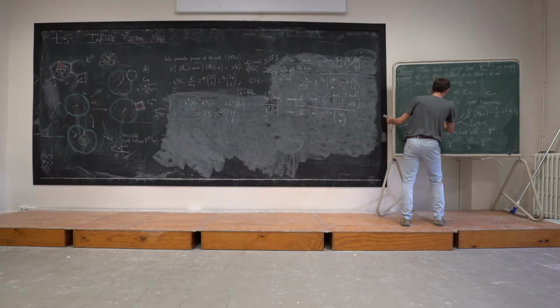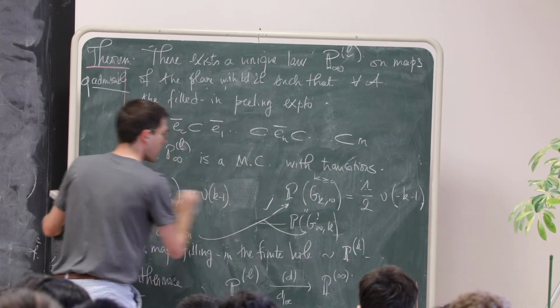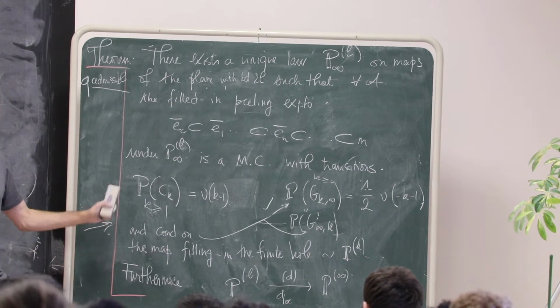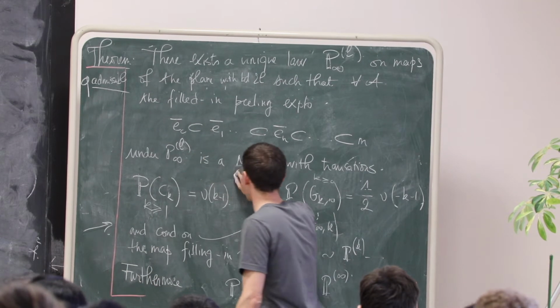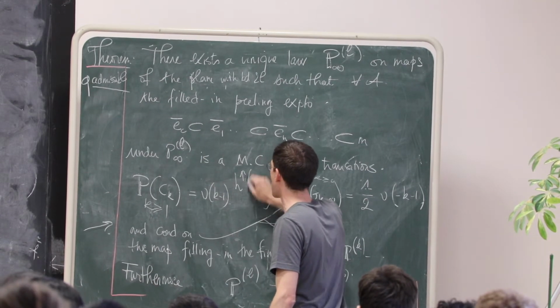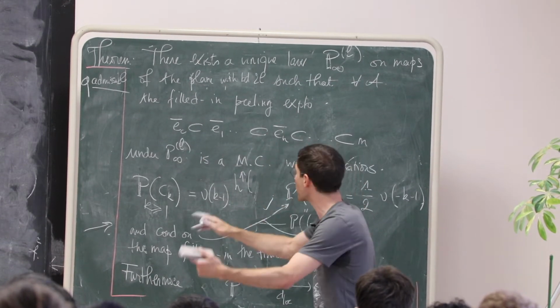this nu of k minus 1, but now modified by the h transform of the half perimeter. The h transform of the half perimeter is just h up arrow of the half perimeter after this step.